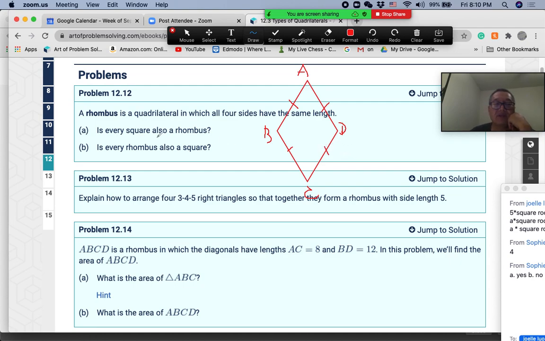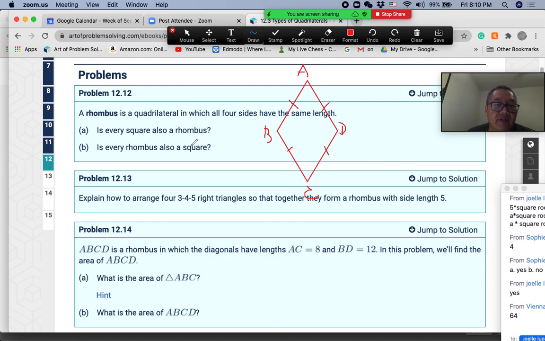A: Is every square also a rhombus? Yes or no? Okay, Sophie, you're right. Who else? Is every square also a rhombus?